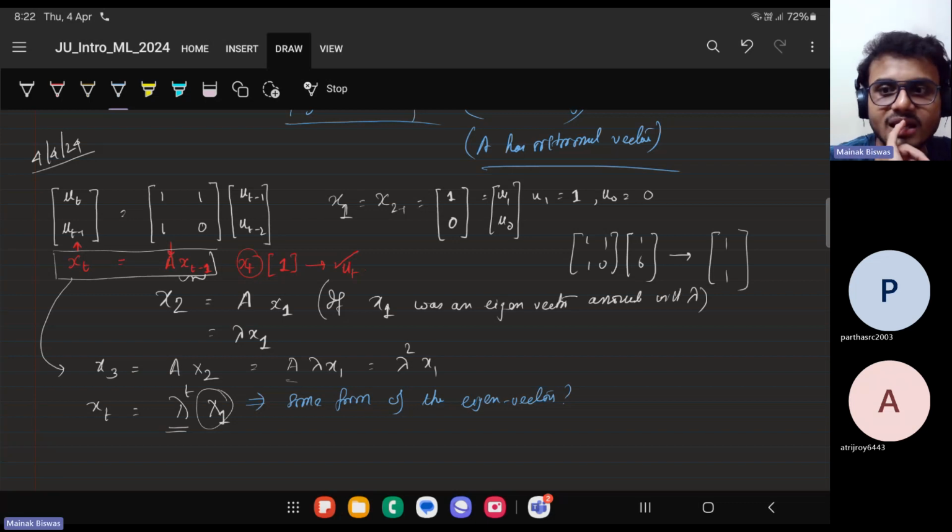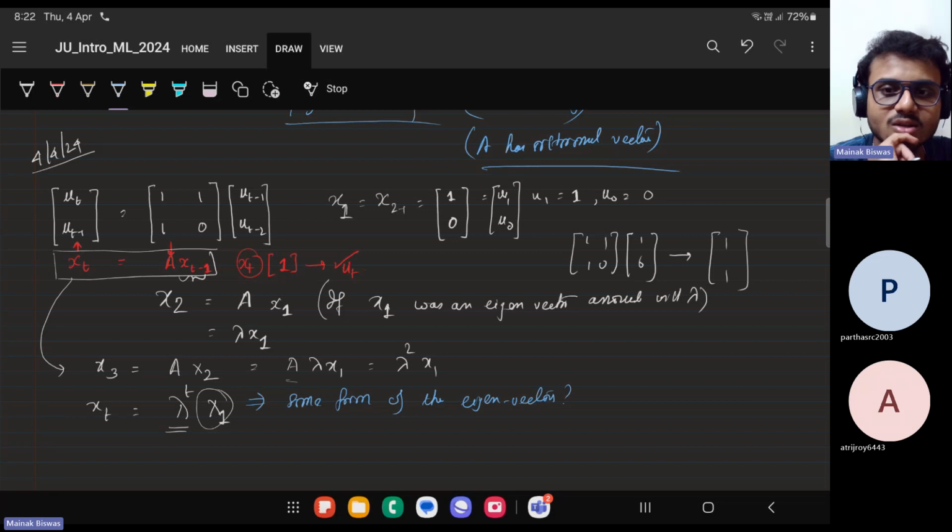So any vector in 2D can be written as... what can I write x1 as? What is the dimension of the space spanned by A? How many dimensions is x? It is 2 cross 1, a two-dimensional vector, so R2.